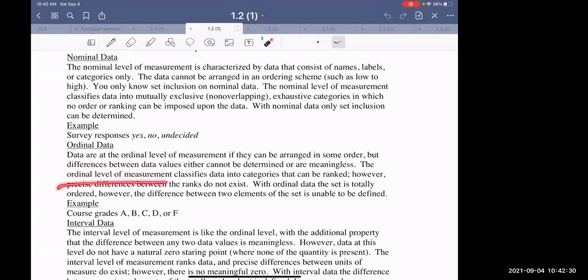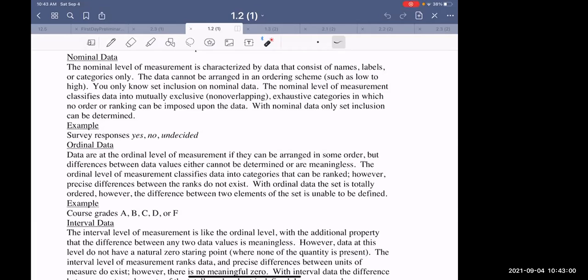The ordinal level of measurement classifies data into categories that can be ranked. However, precise differences between the ranks do not exist. With ordinal data, the set is totally ordered; however, the difference between two elements of the set is unable to be defined.